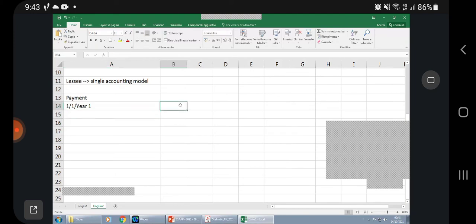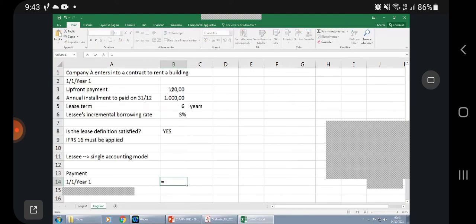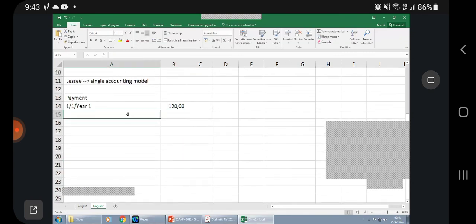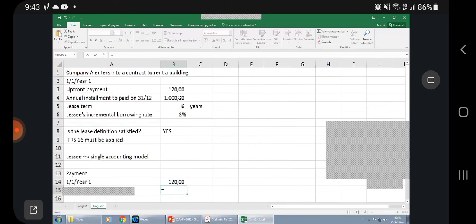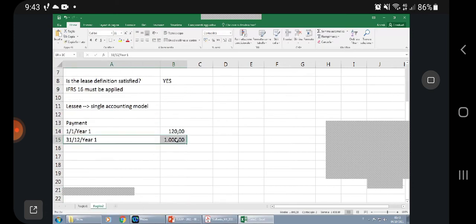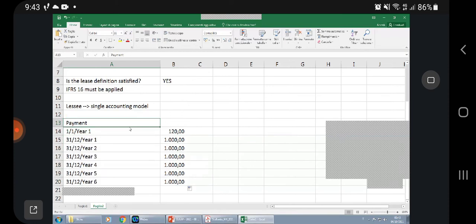And this upfront payment is equal to 120. Then we have 6 payments, at the end of each reporting period, for 1,000. And so we have 6 of these payments. Okay? Payments.